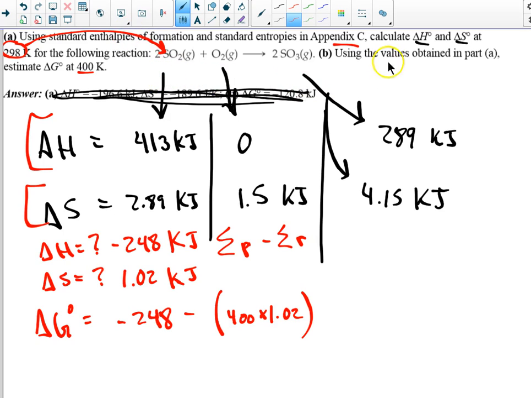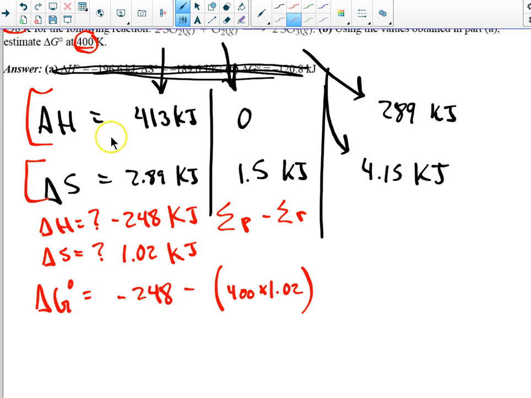But we will then use those values to estimate delta G at 400K. And that's very common, and that's how you do it. So this should technically be at 400. If you did 298, that's fine. You've learned now, don't do that. But this does happen quite a bit.